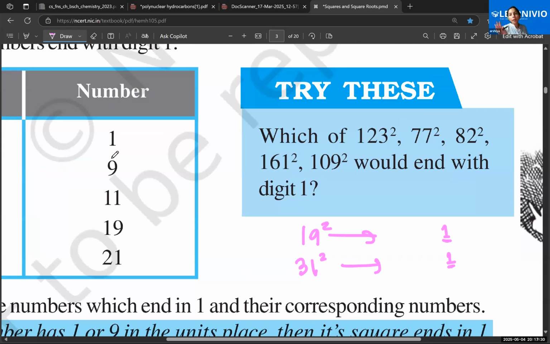So the pattern here is what is there in place of this number. Ma'am, you're stuck. Am I audible now? I only heard till "so the pattern is."